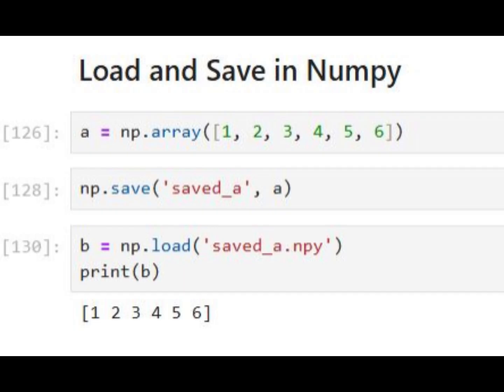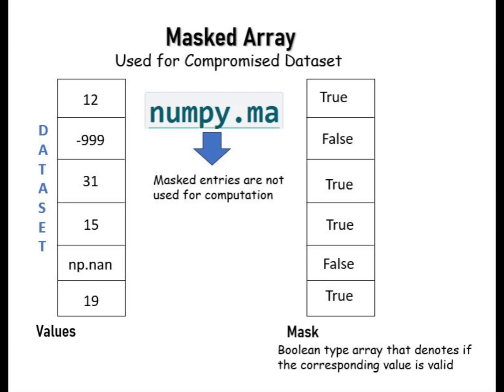Now let us discuss masked arrays, which is another very useful tool in the NumPy library. In many circumstances, datasets can be incomplete or tainted by the presence of invalid data. For example, a sensor may have failed to record data or have recorded an invalid value.